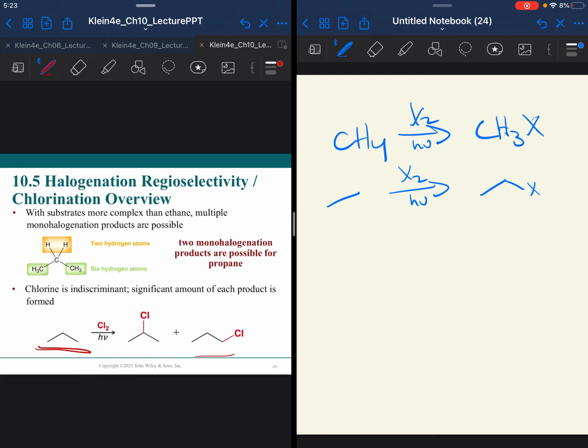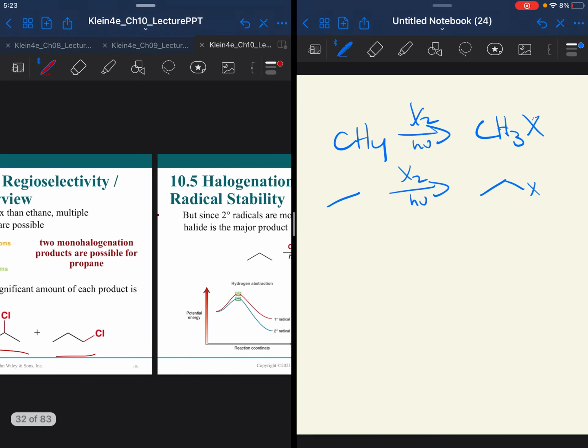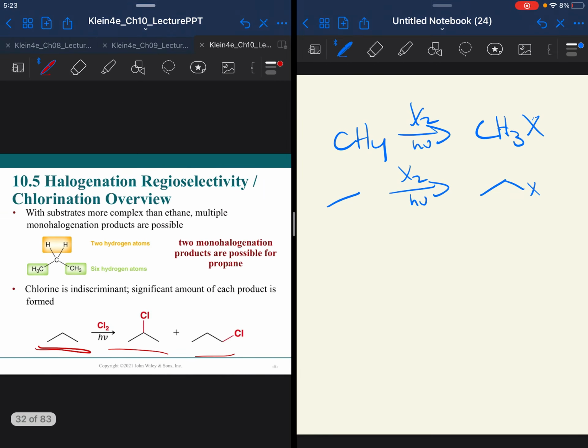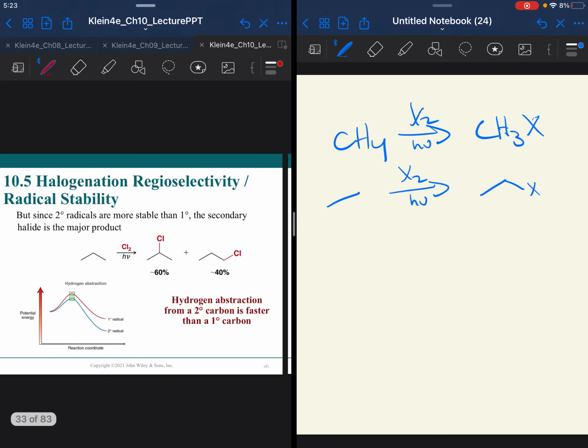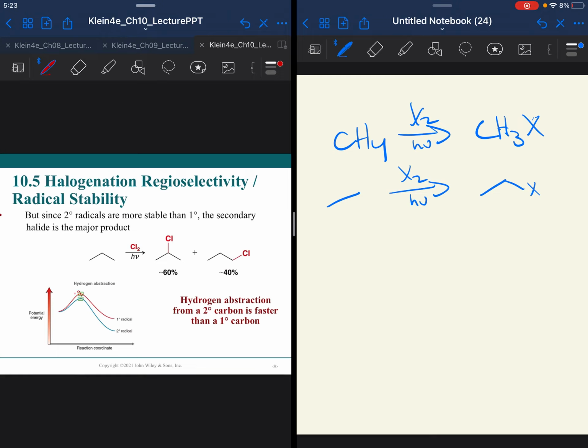Chlorine could add to the 1 position or the 2 position, and you get a significant amount of both products, even though the intermediate would tell you this intermediate is more stable than this intermediate. But because the activation energy is so low for chlorination, they're both relatively easy to get to.